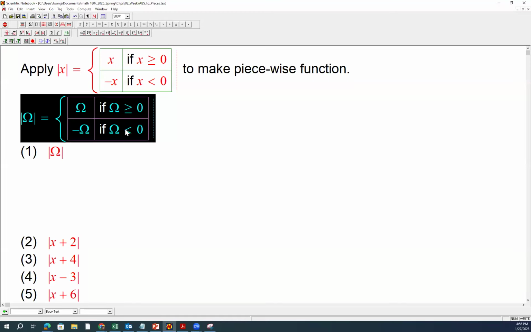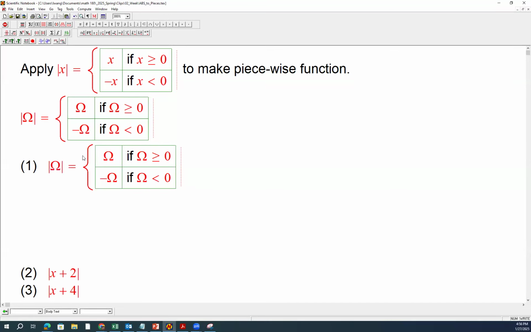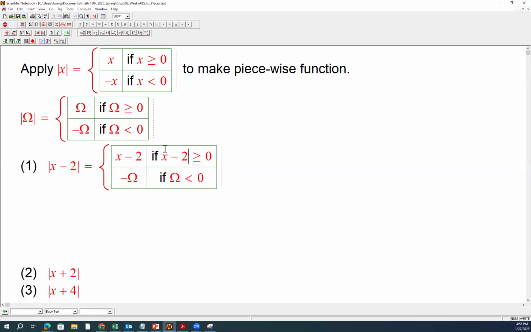When omega is replaced by x minus 2, this is going to be x minus 2, this is going to be x minus 2, and this is going to be x minus 2. I hope you see that substitution, right? The whole of x minus 2 is in the same place as omega. So this way we have two pieces.